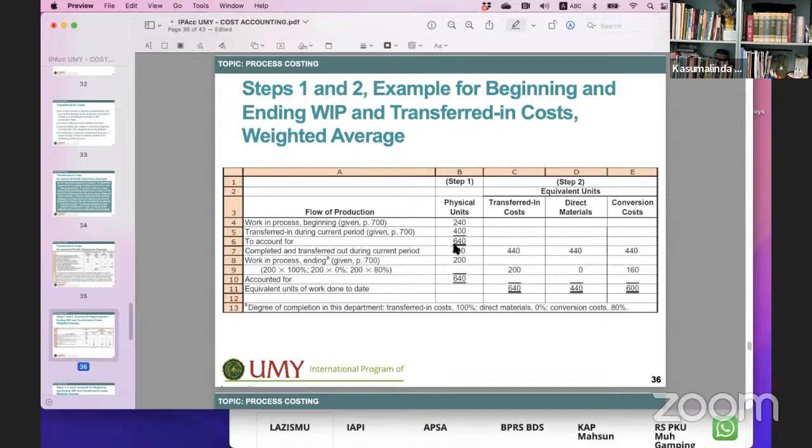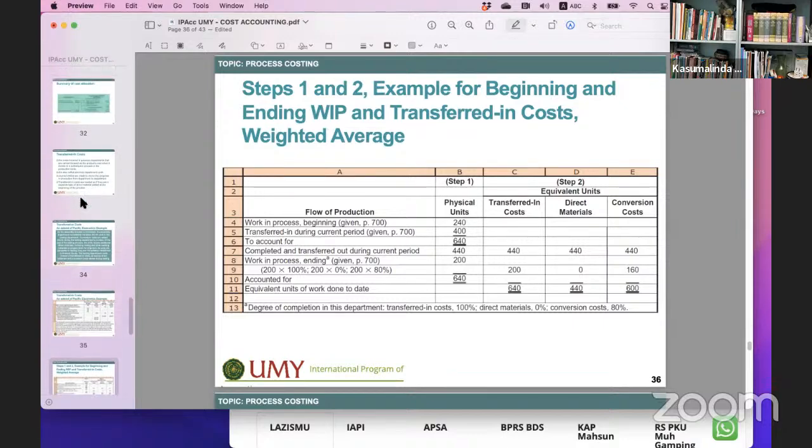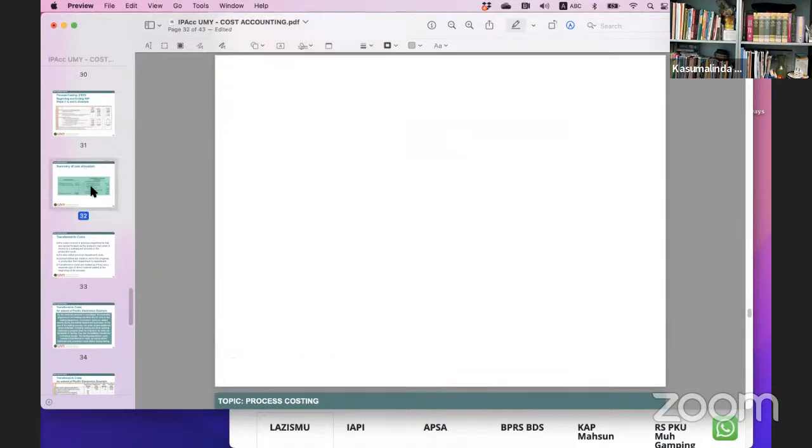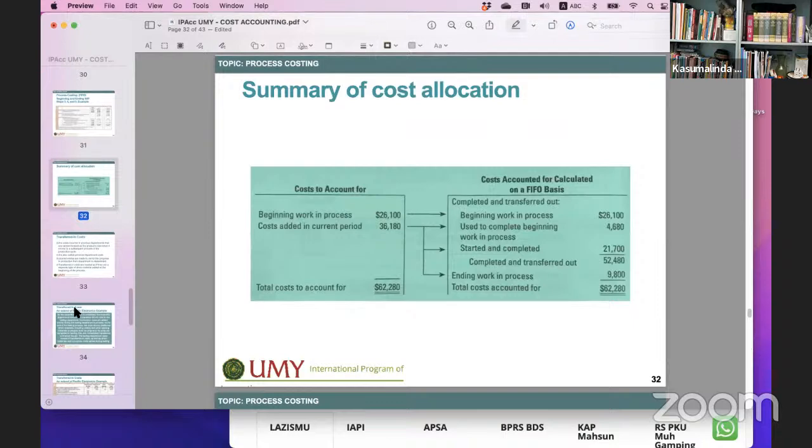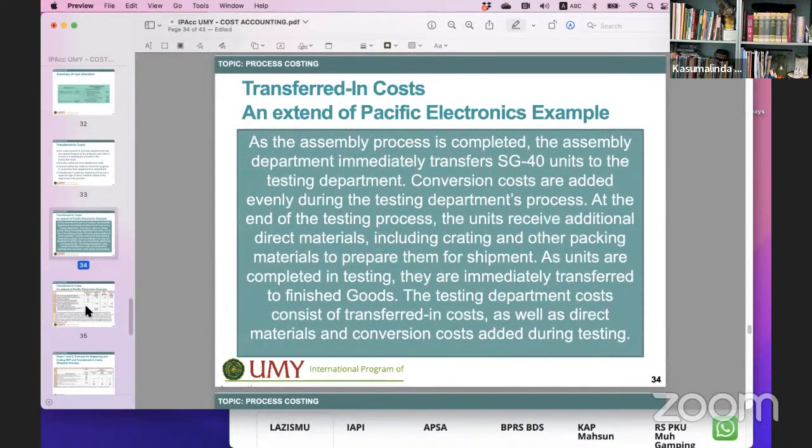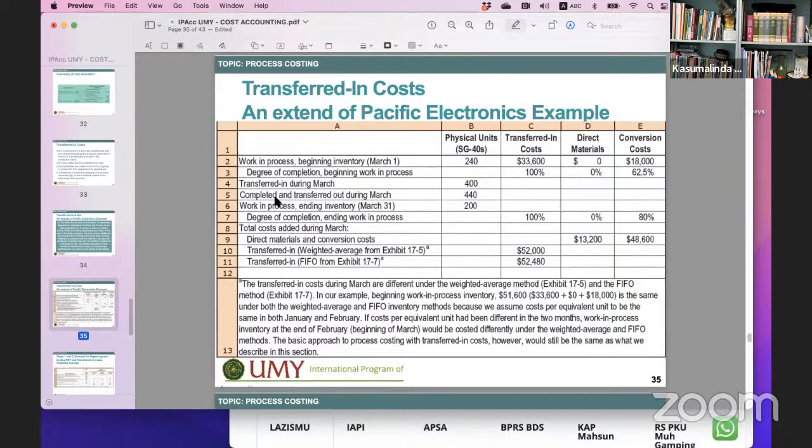Okay, the units that we carry from the first department. Okay, first department tadi adalah apa? What is the first department just now? Okay, the first department. So the units that we carry from the first department to the second department is the units transferred in.